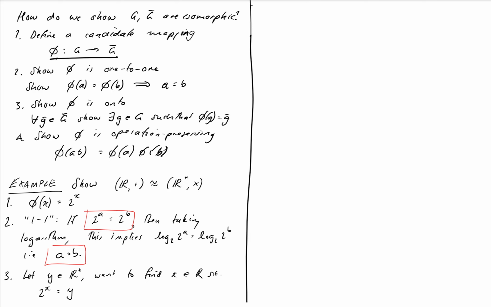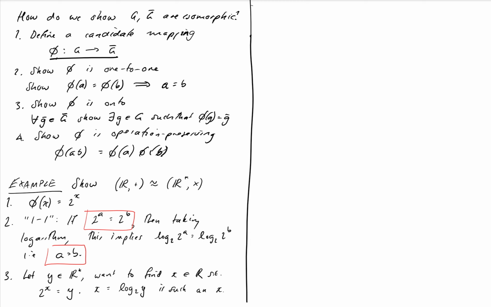Now, we can see that x equals log to the base 2 of y is such an x. Remember that y is a positive real number, so we're not going to have any negative numbers, so we'll be able to take logarithms of it no matter what, and x will therefore be whatever it will be.